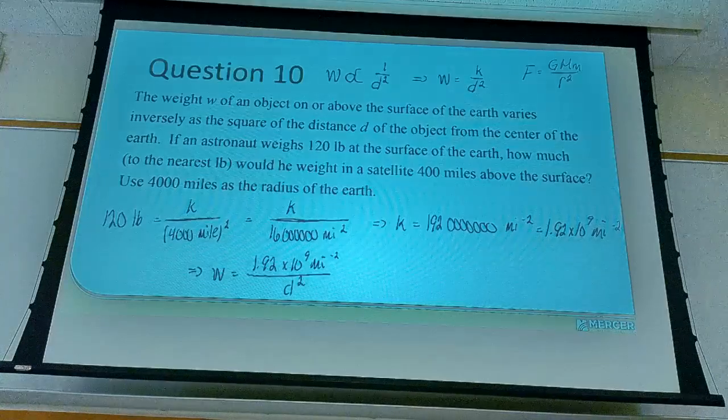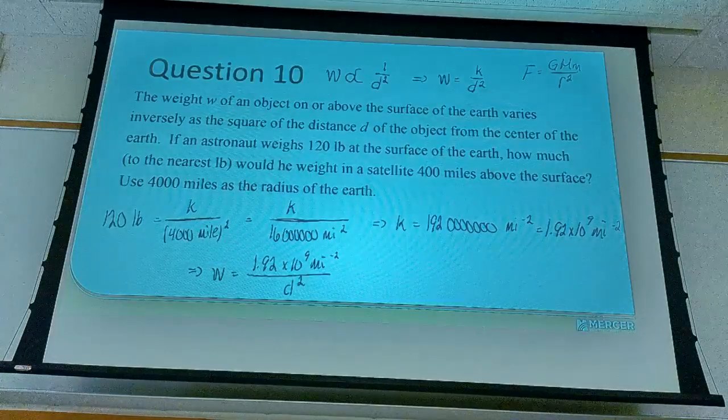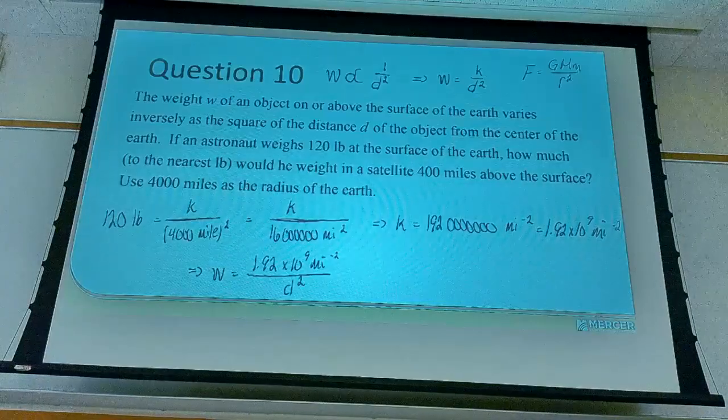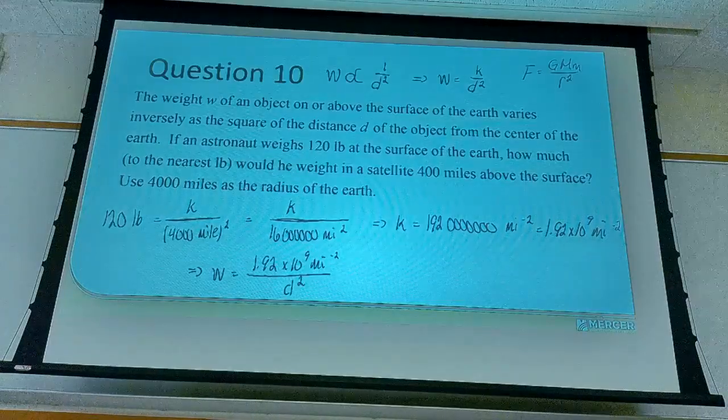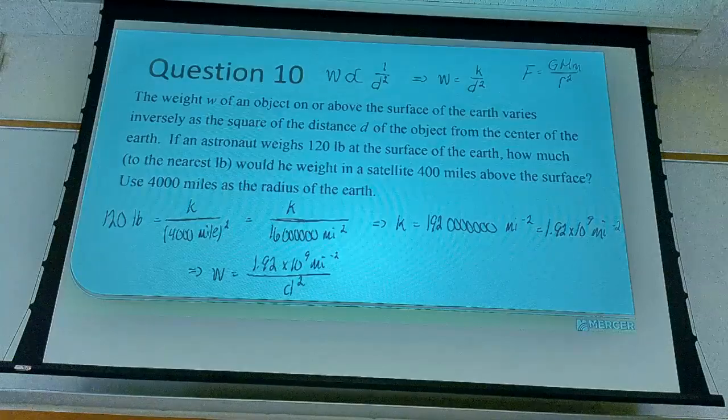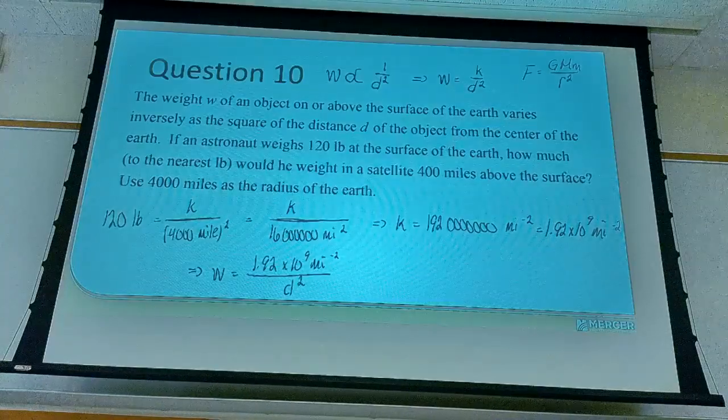You're now 400 miles above the surface, so what's your new distance? If the surface is 4,000 and you're now 400 above that, it'd be 4,000 plus the additional 400, right? 4,400.